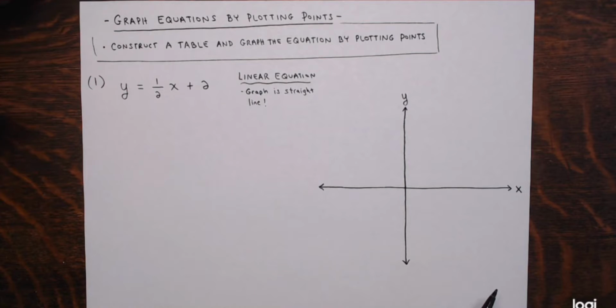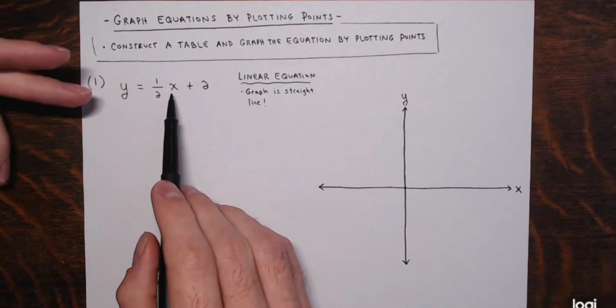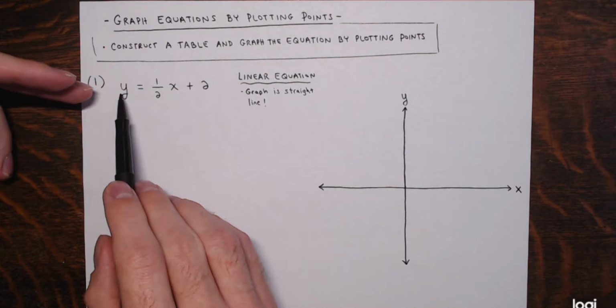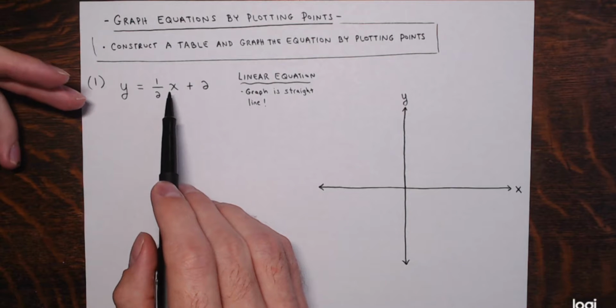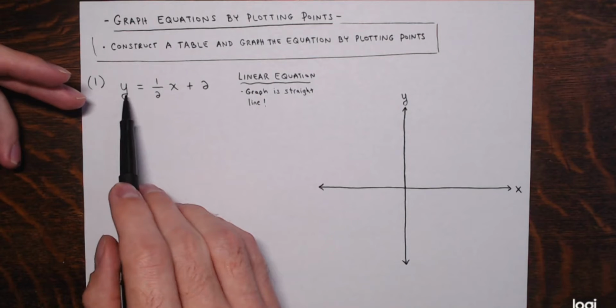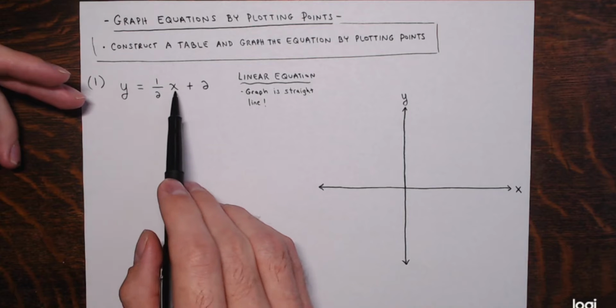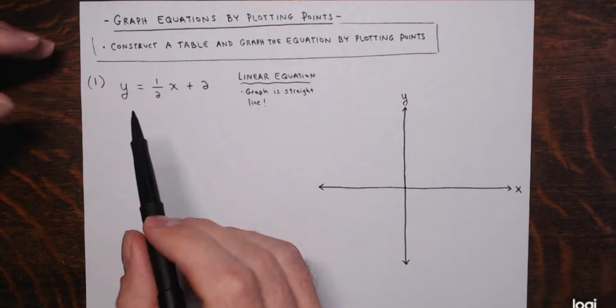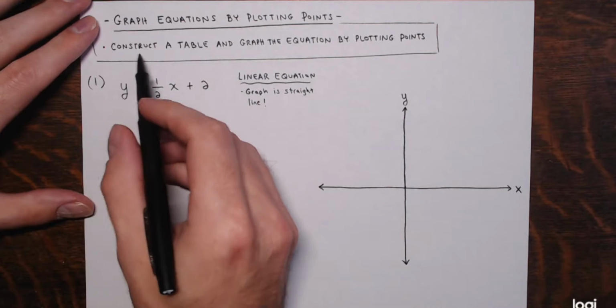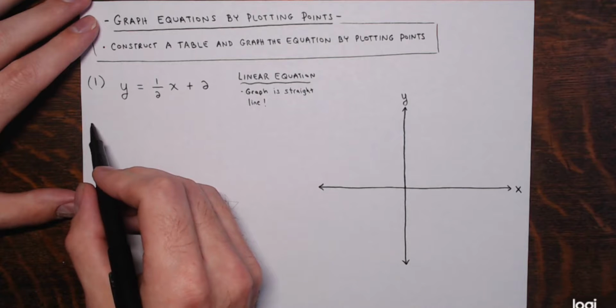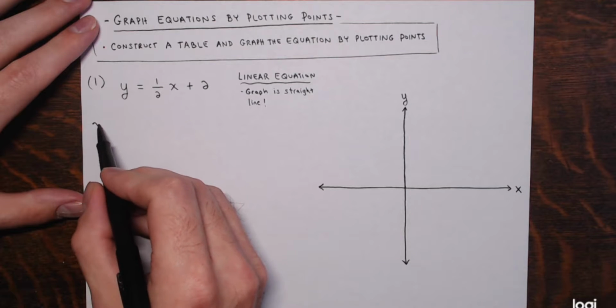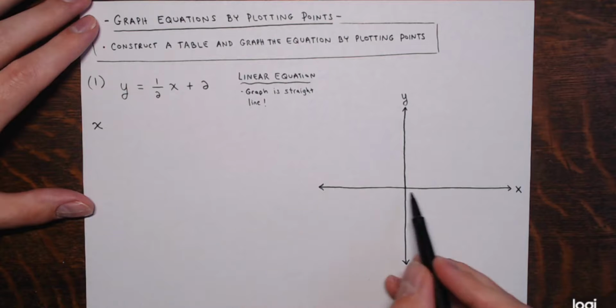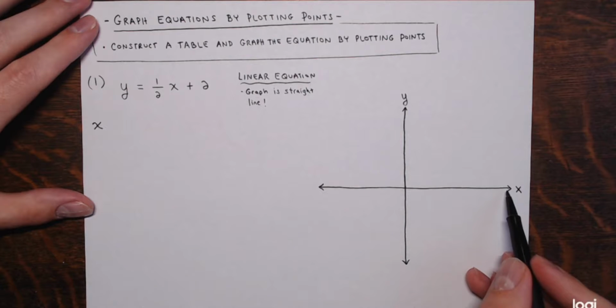Alright, and so now what I'm going to do is try to find values of x and y, ordered pairs that satisfy the equation, that make a true statement. I'm going to do this by constructing a table where, for the most part, we'll be inputting the horizontal number line variable values.